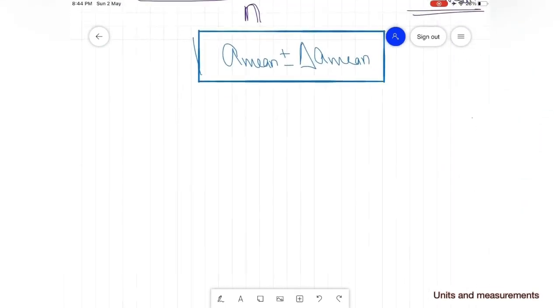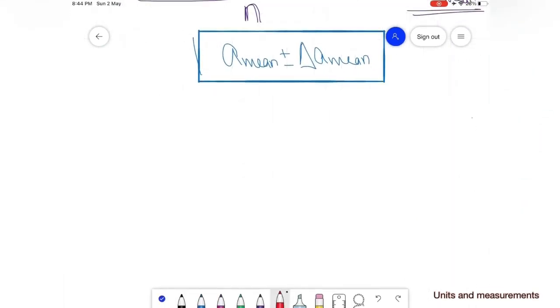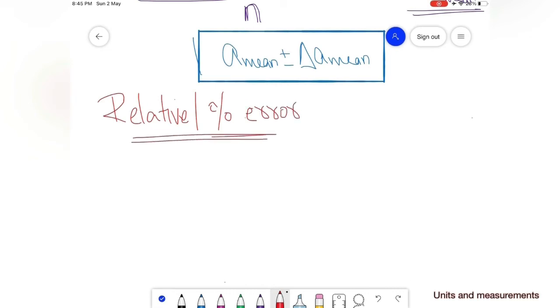Now how do you find the relative error? The absolute error is found: delta A mean is the absolute error. The relative error is simple, it's just one step. All we have to do is divide the absolute mean value, that is delta A mean, by the A mean value.